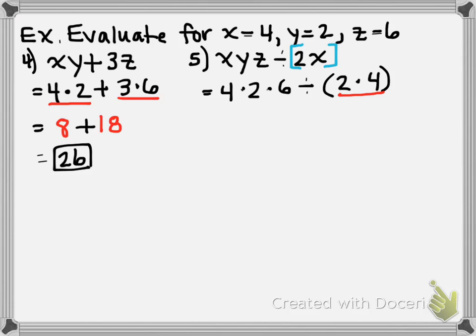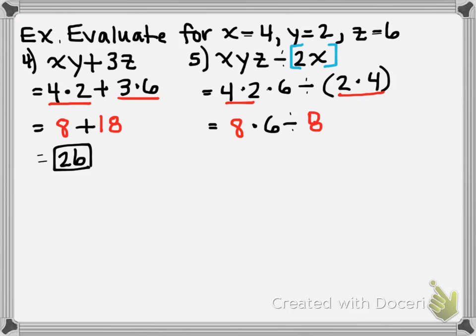At the same time, multiplication and division and all the rest of what I have left, I go to the beginning and I can do any multiplication as I go from left to right. So I can also take care of that 4 times 2. So that gives me, oops, sorry, let me change my color, 8 times 6 divided by the product 8.